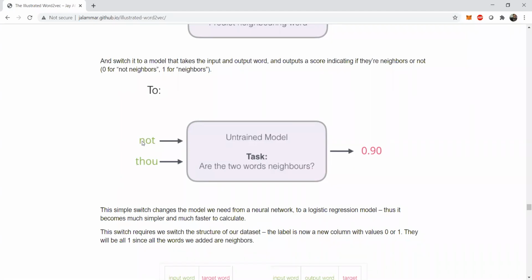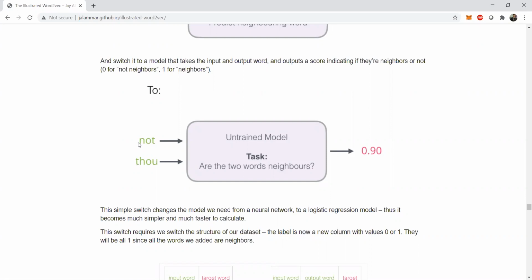In place of "not", let's say "mask". So what is the probability that the word "thou" comes after the word "mask"? If it is 0.9, that means our assumption is correct. Now, if it is very low, let's say 0.5 or 0.1, that means we are wrong in our assumption that "thou" comes after the word "mask".